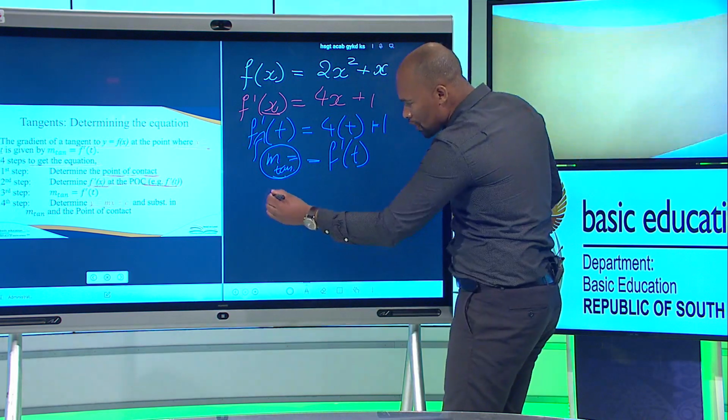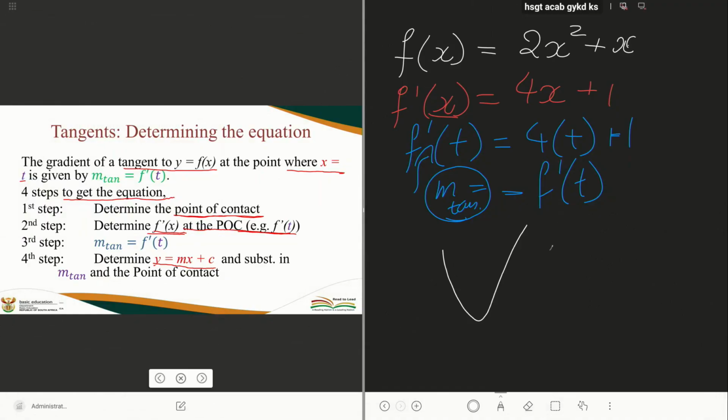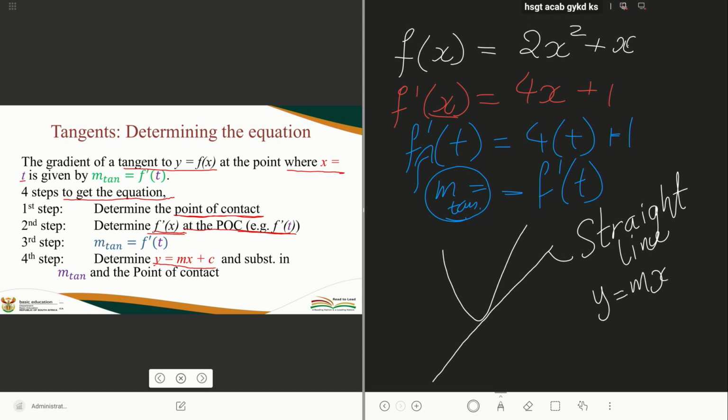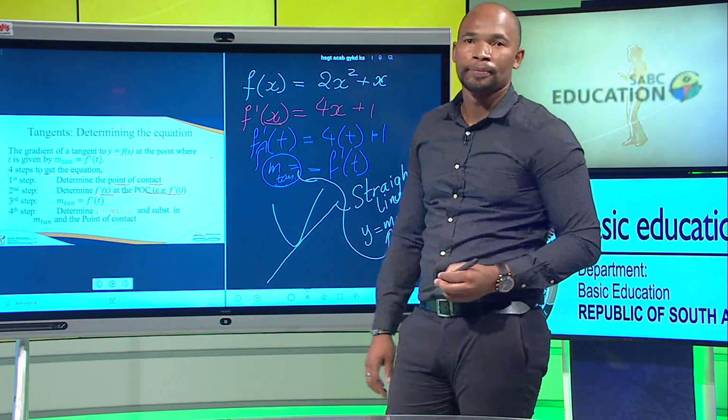Because we saw that my tangent is in the form of a straight line. So that's why we use y is equal to mx plus c. Already we have that value, that answer, which is substituted in place of m. Then we get the equation of the tangent.